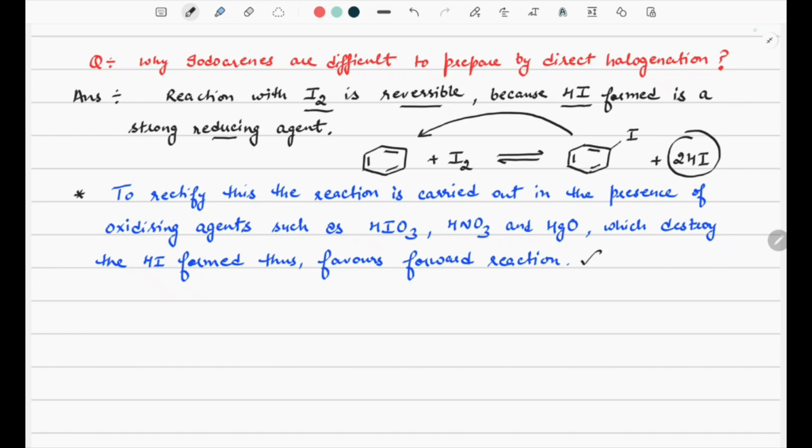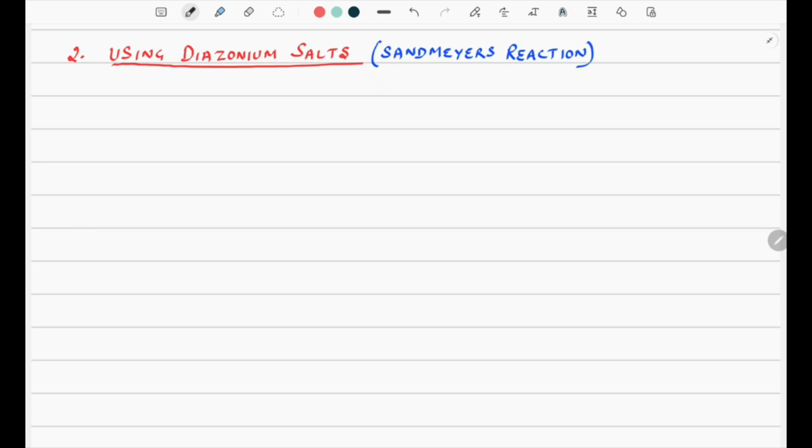forward reaction. Now moving forward, the second method to obtain haloarenes is using diazonium salts. It is also known as Sandmeyer's reaction.